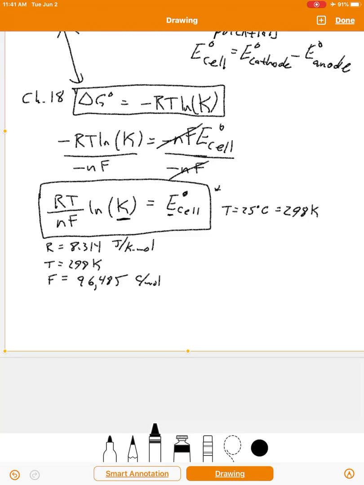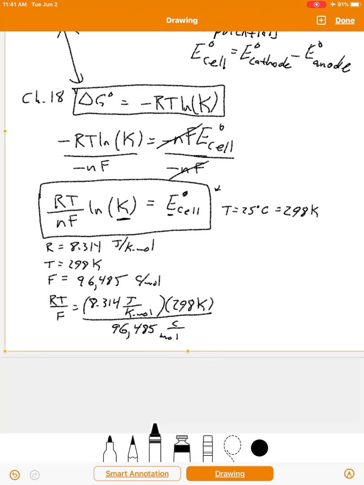So those are constants, essentially, for this setup. What does that mean? It means that if you take RT and divide it by F, here's what you get: 8.314 joules per kelvin mole, so there's R, times 298 Kelvin, there's T, divided by 96,485 coulombs per mole. Now let's get rid of some units. The moles cancel, and the kelvins cancel.